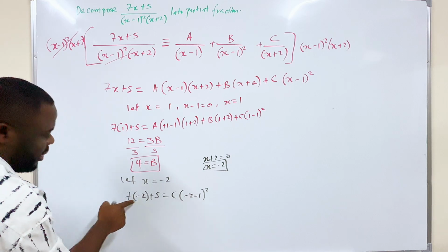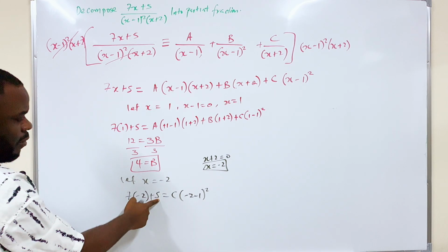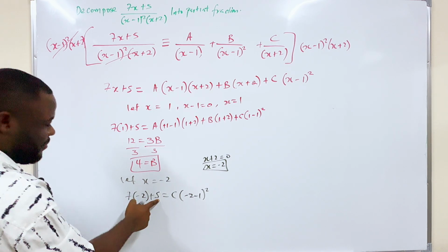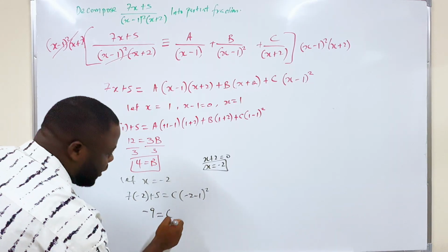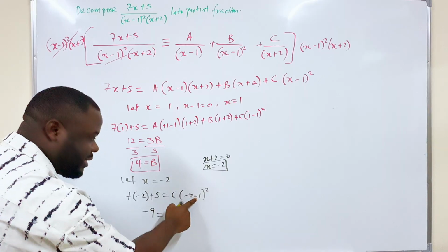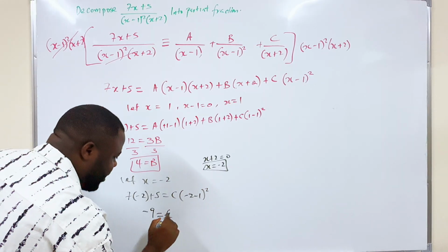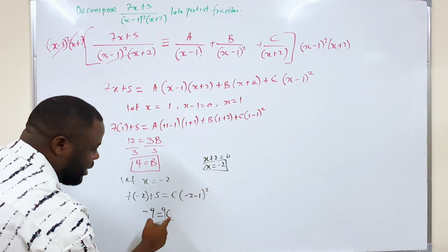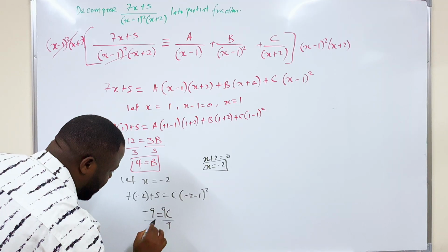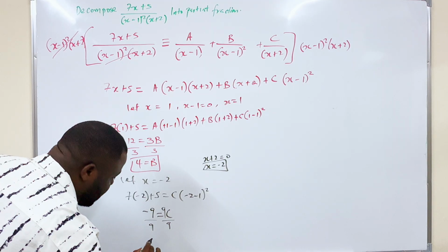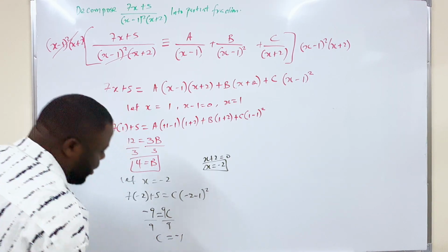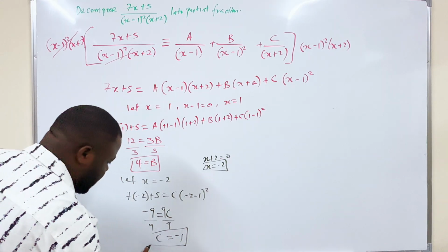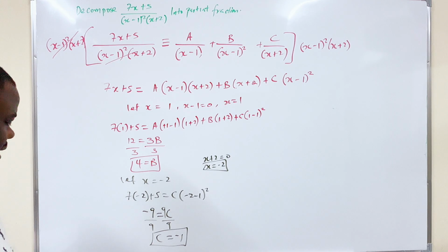This is going to give me negative 14 plus 5, which is negative 9, equals c times negative 2 minus 1, which is negative 3 squared, giving 9. So this will be 9 multiplied by c, so we'll now divide both sides by 9. So we have c to be minus 1. And that is how you get the value for the constant c.